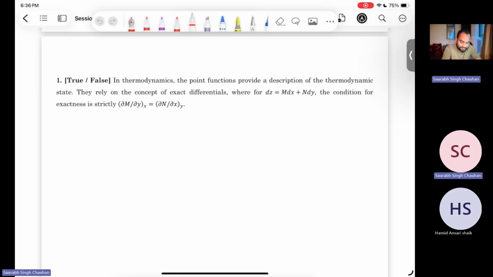Where dz = M dx + N dy, the condition for exactness is strictly this: the derivative of M with respect to y equals the derivative of N with respect to x. So this is true, right?